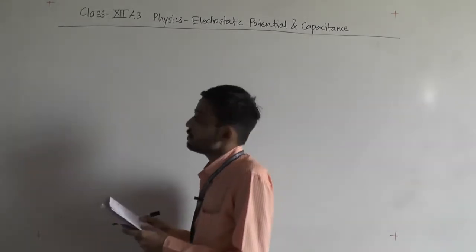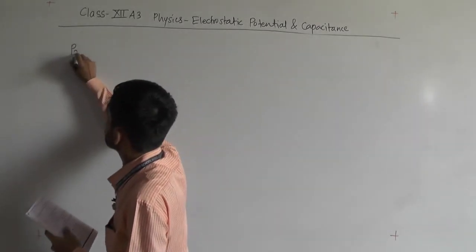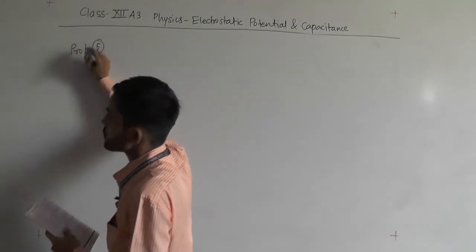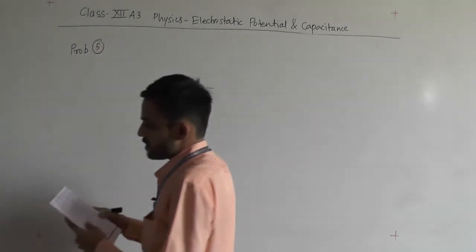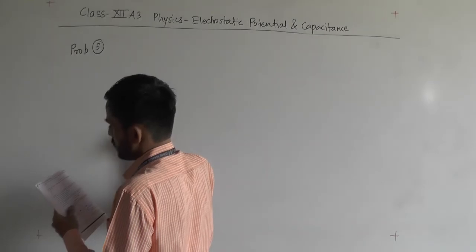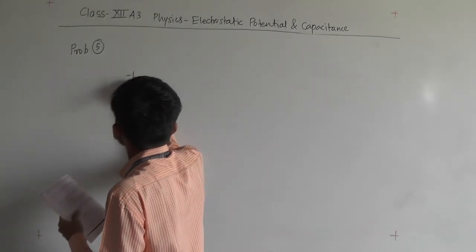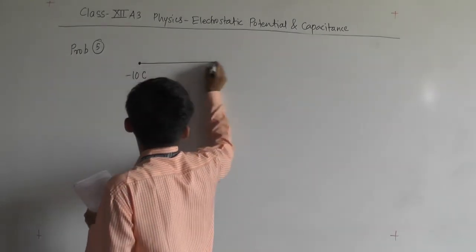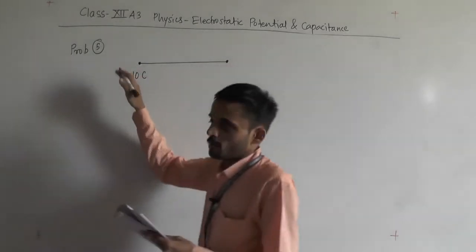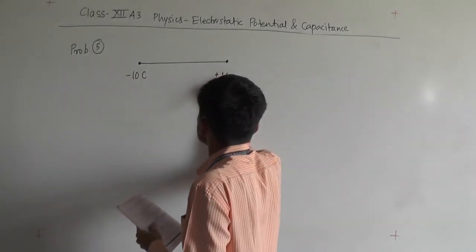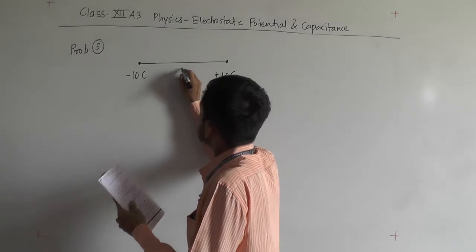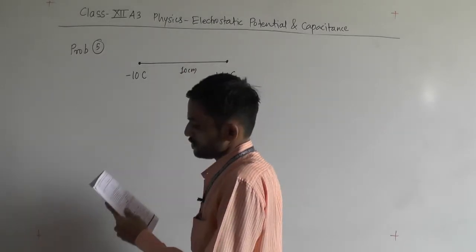Okay, we will write problem number 5. Two charges, minus 10 coulomb and plus 10 coulomb, are 10 centimeter apart.